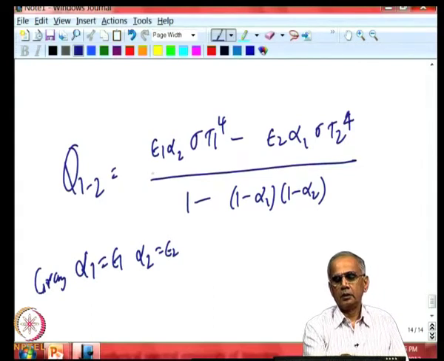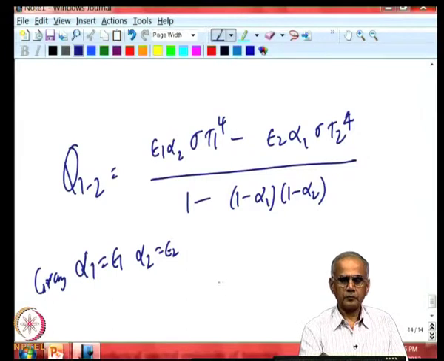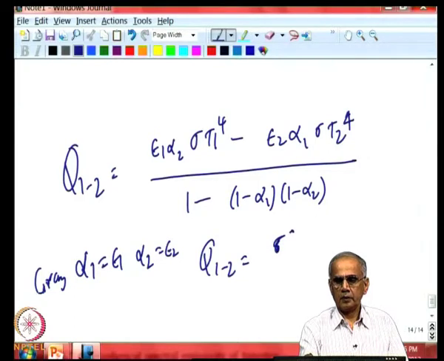So, epsilon 2 becomes common here, this 1 anyway cancels out. Then you can easily show that this is the same as what we have derived for gray surfaces.